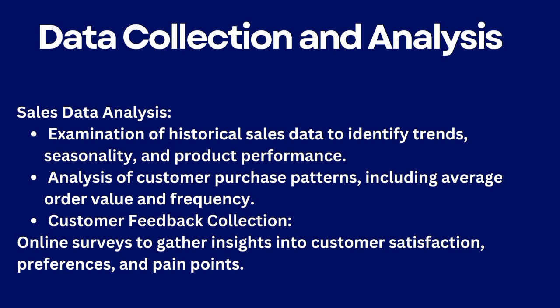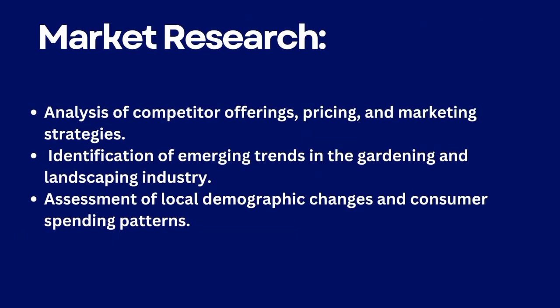Next is to do market research. You can analyze all of the competitors and check their prices, their offerings, and their market strategy. Also identify different emerging trends in the gardening and landscape industry.